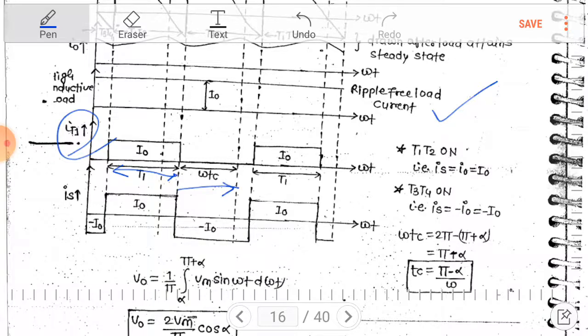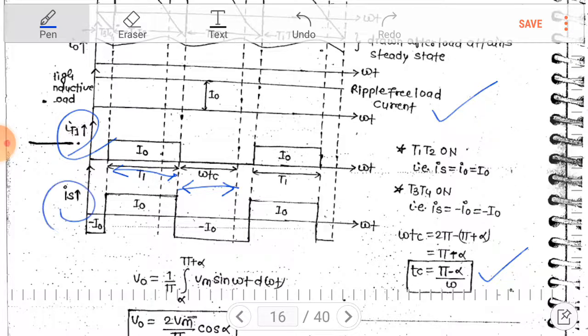This is the circuit turn off time from pi plus alpha to 2 pi, as it was observed from beta to 2 pi, but here beta is equal to pi plus alpha, so it is from pi plus alpha to 2 pi.